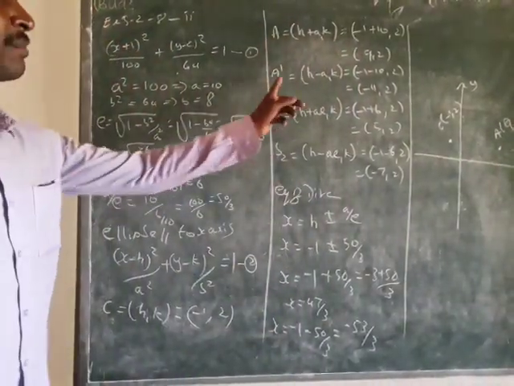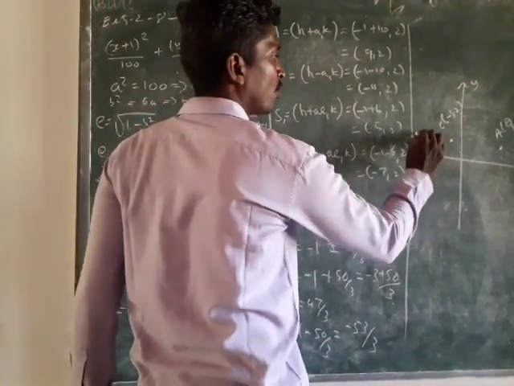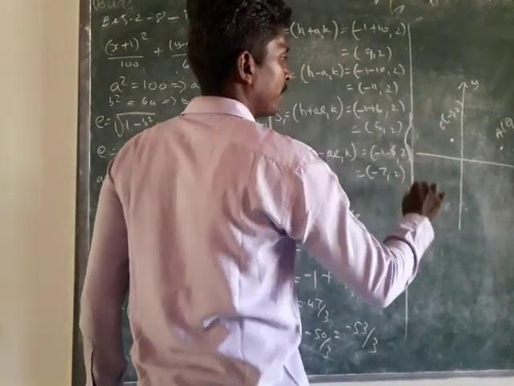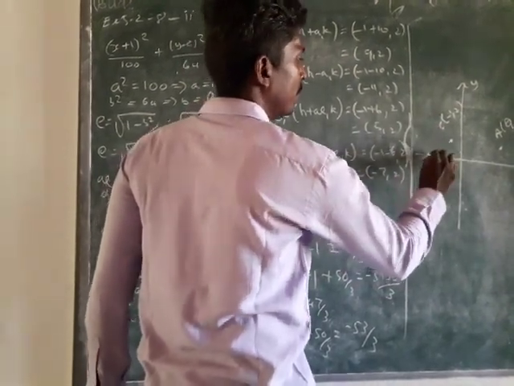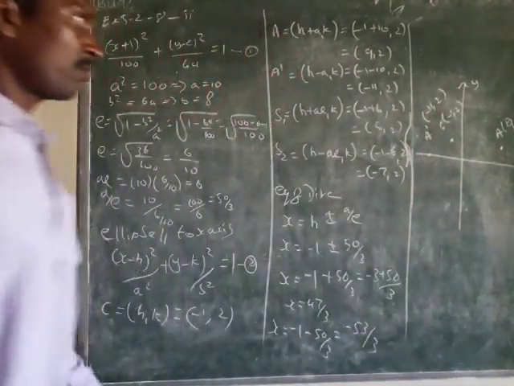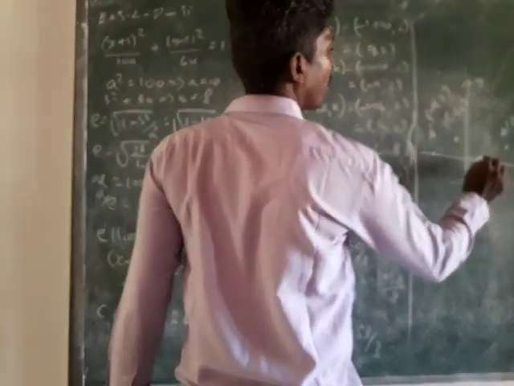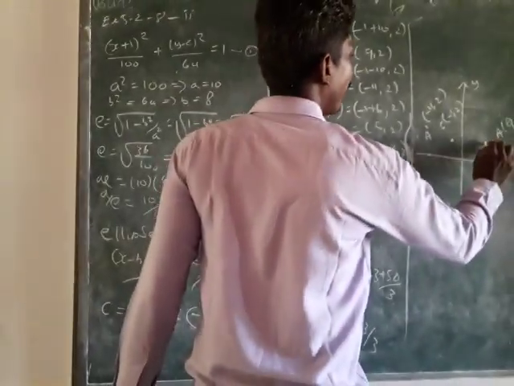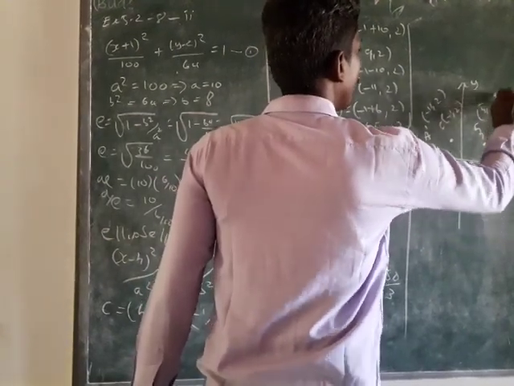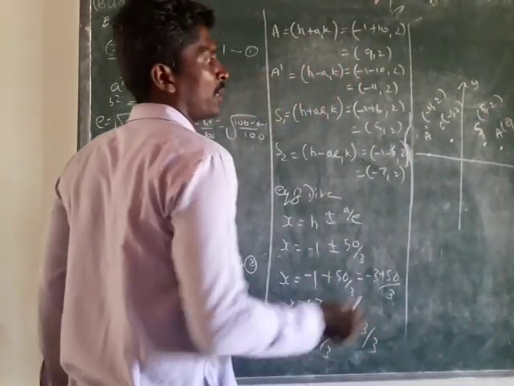Next A dash, minus 11 comma 2. So x value 11, y value 2. So approximately we mark A dash at minus 11 comma 2. S1 is 5 comma 2, so approximately before the vertex A, S1 is 5 comma 2.